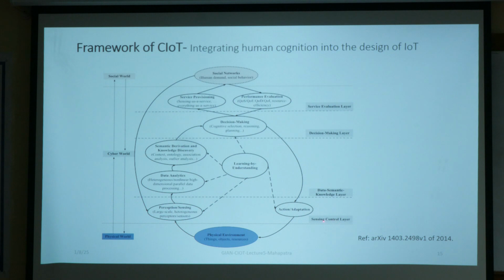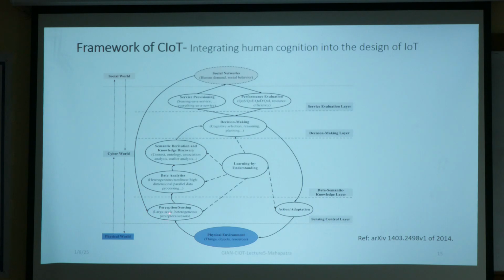As it looks here, in the sensing control layer, this is the physical environment. Things, objects, and resources are there, right? It provides perception and sensing, getting data from heterogeneous systems, and this sensing could be large scale, which means a lot of sensors are producing data.